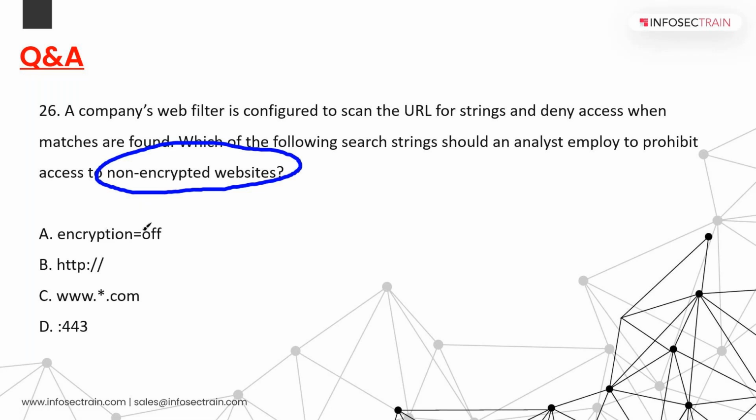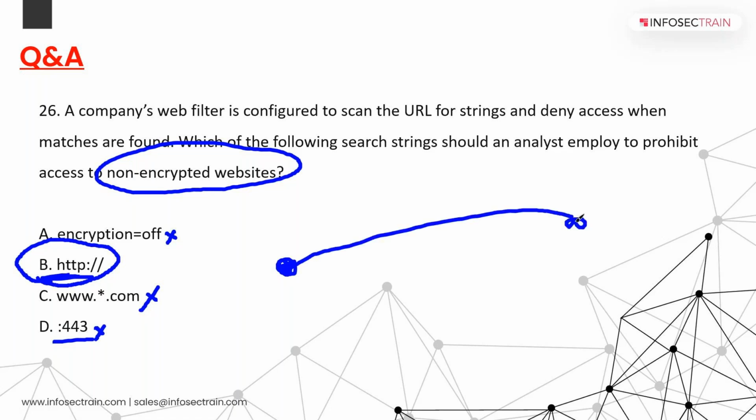So encryption off. The other one does not protect you, and that is just a port number. What we have to protect against is HTTP, the insecure way of communication. Because generally when A communicates with B, the communication taking place is in plain language.